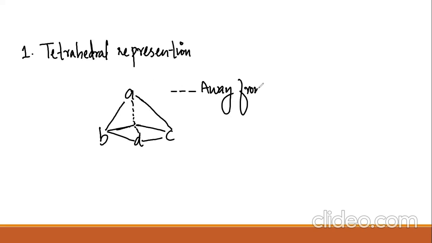That bond is away from our eyes. So we convert that three-dimensional tetrahedral structure to a two-dimensional structure. Okay, how that bond that is behind the figure is just represented as a dotted line.